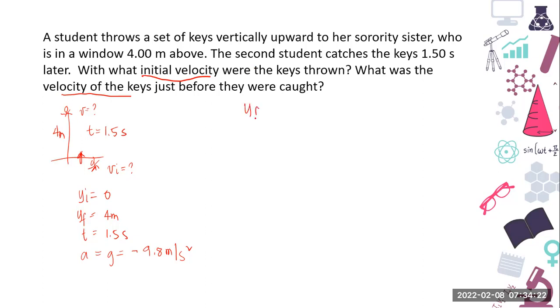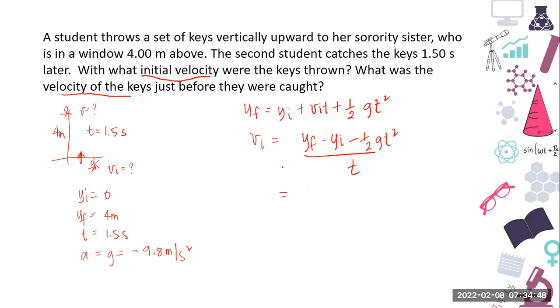So yf is equal to yi plus vit plus 1/2 gt squared. We can isolate vi. vi now is equal to yf minus yi minus 1/2 gt squared all over t.